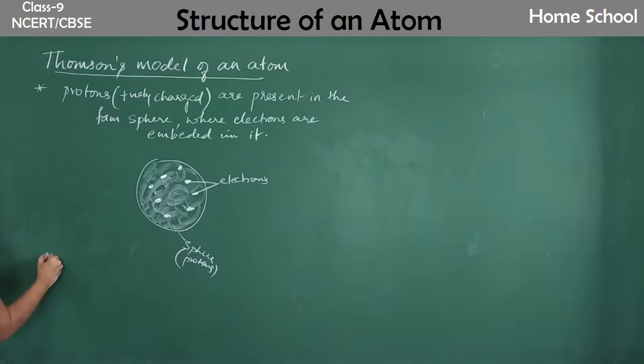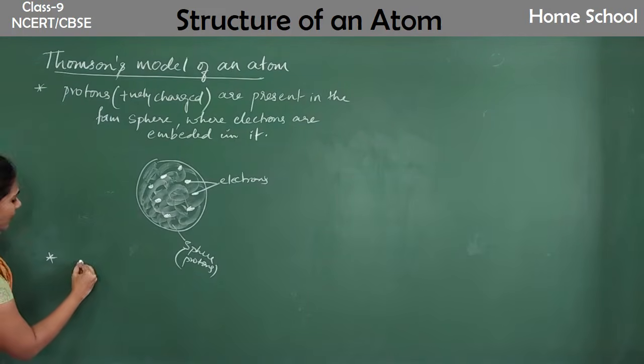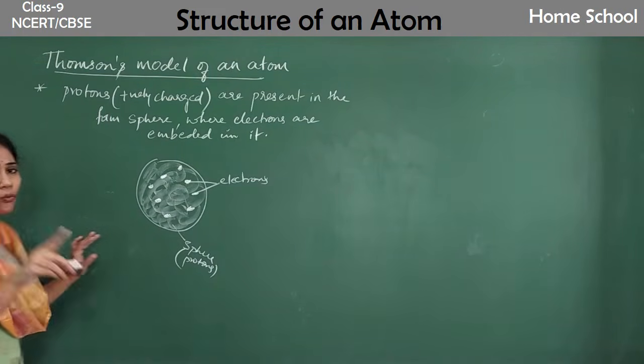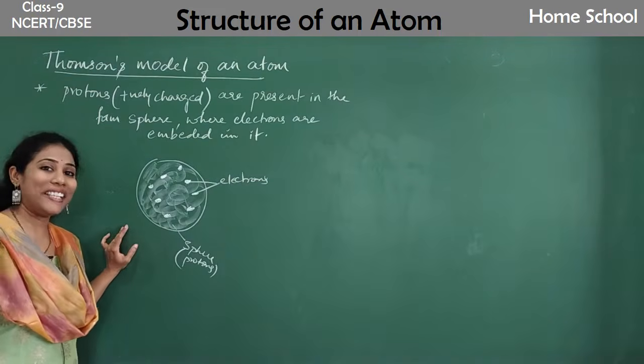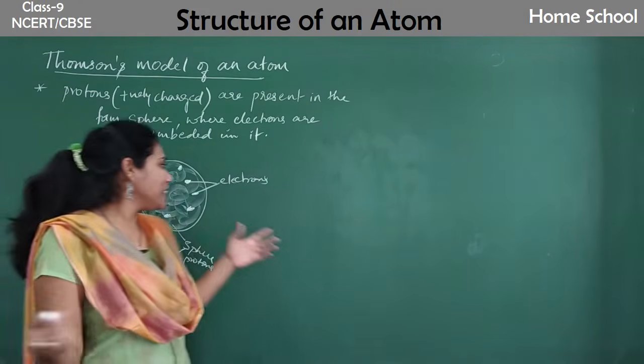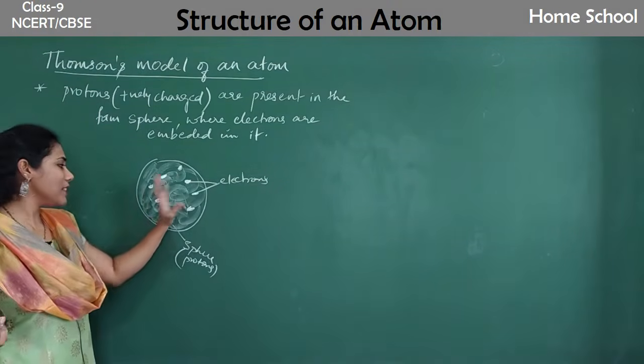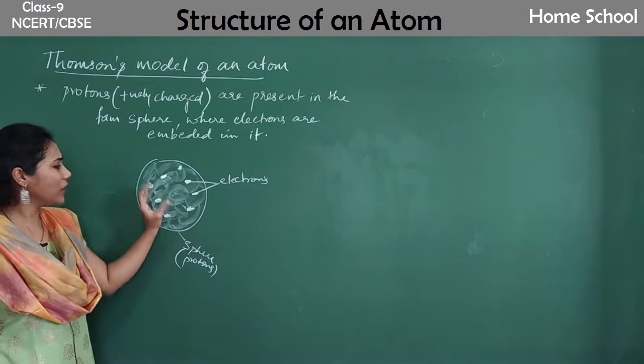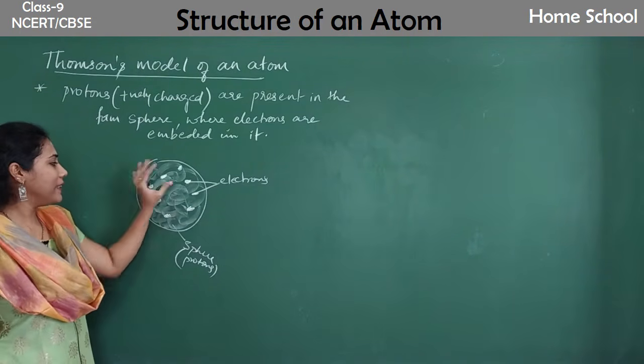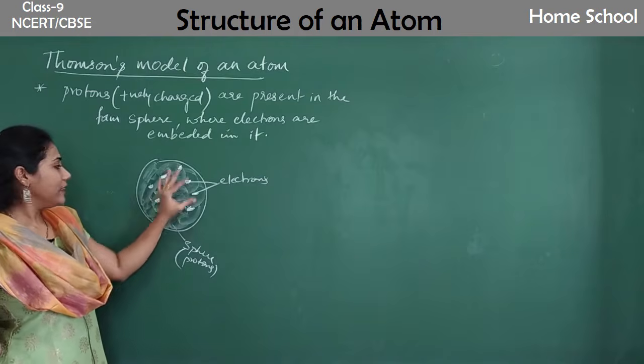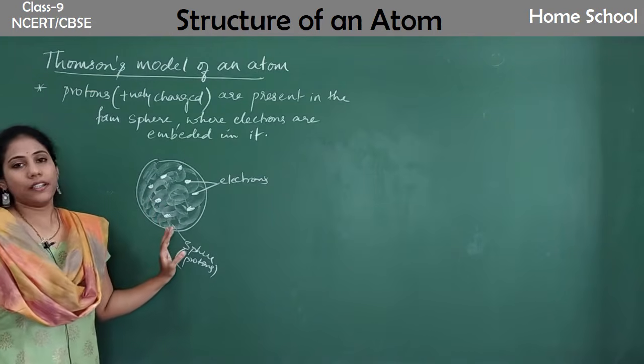From this model, what we can conclude is that the atom is neutral. The number of electrons and protons is almost equal, just the protons are spread uniformly in the form of a sphere.